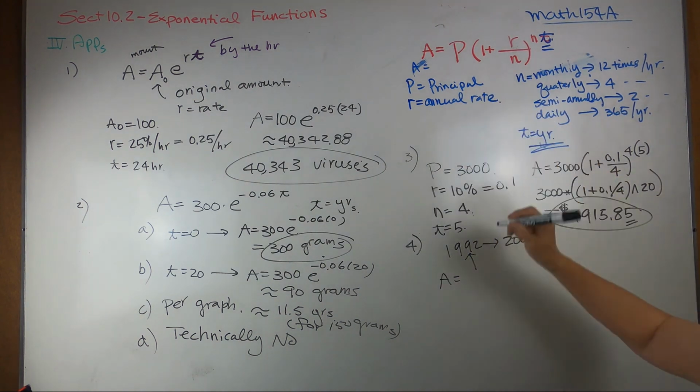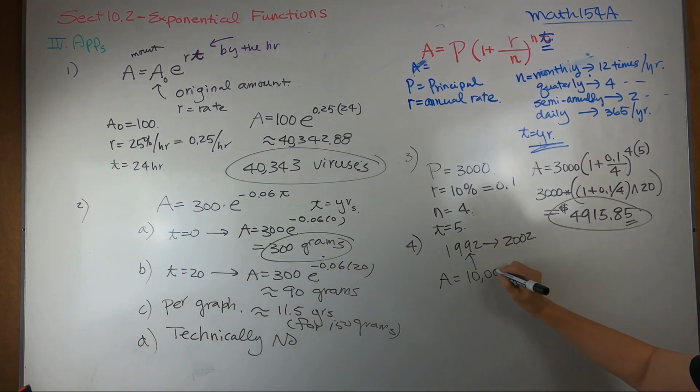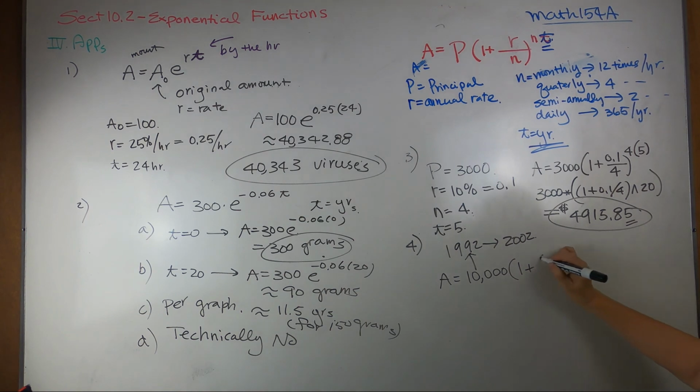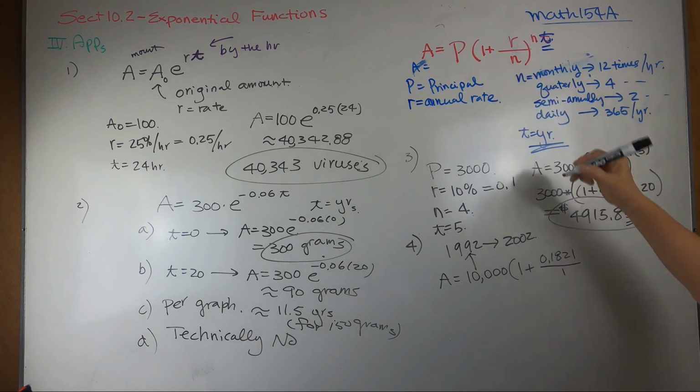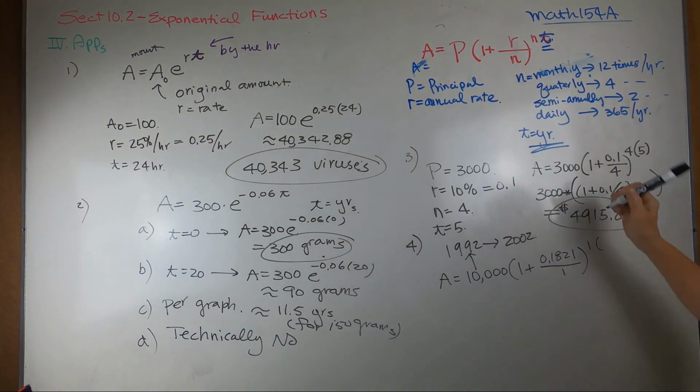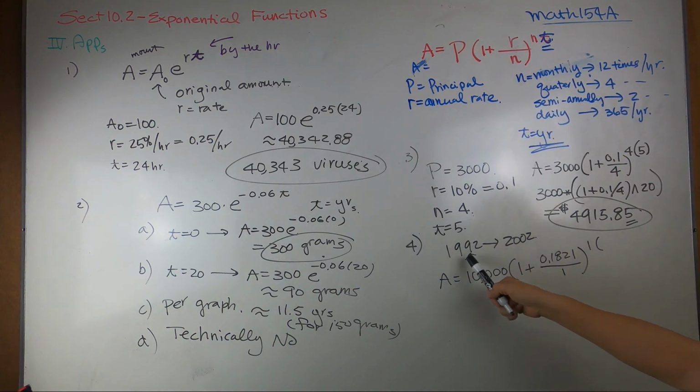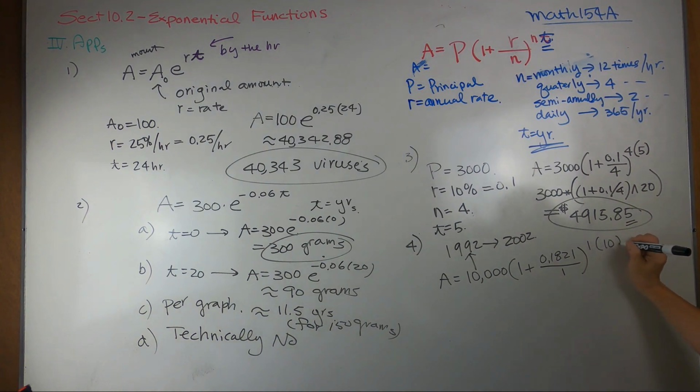P is $10,000 you put in, then 1 plus R, which is 0.1821. If you compound annually, N is 1, times T for 10 years.